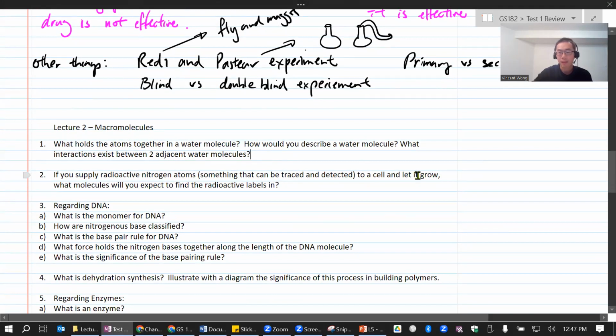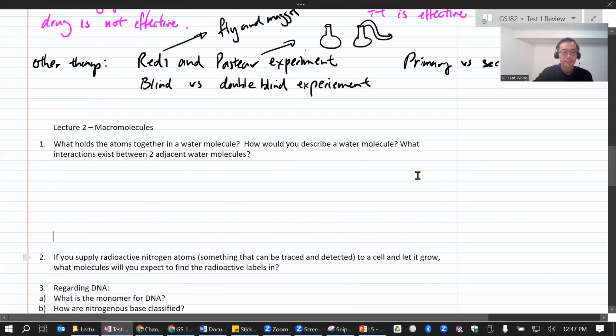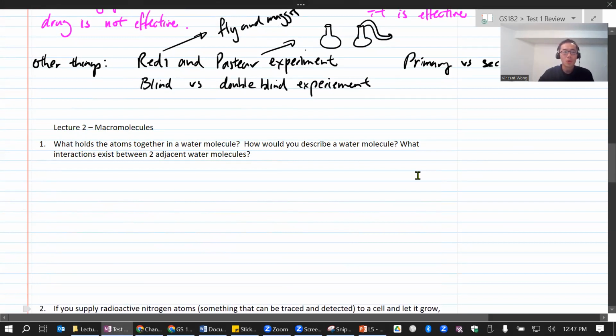Macromolecules. What holds the atoms together in a water molecule? So if I have H2O here, this is a covalent bond. And in the case of water, we have uneven sharing of electrons.